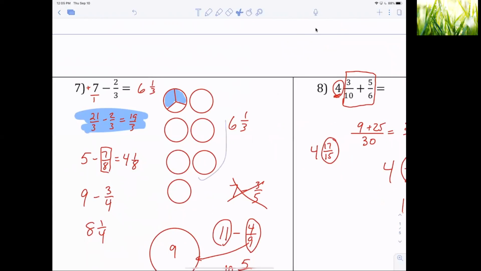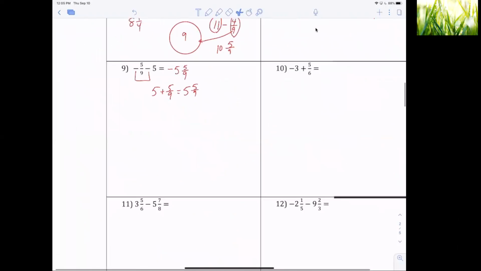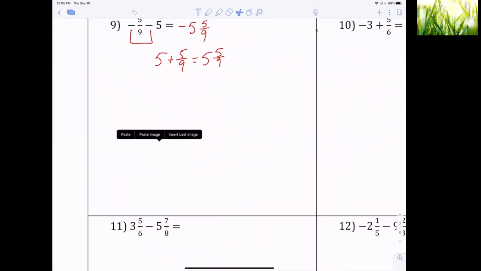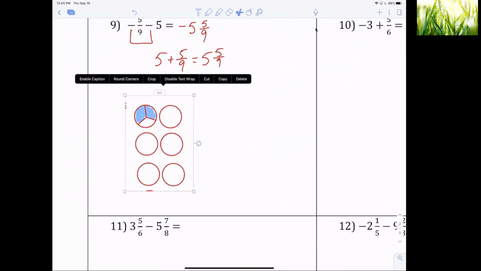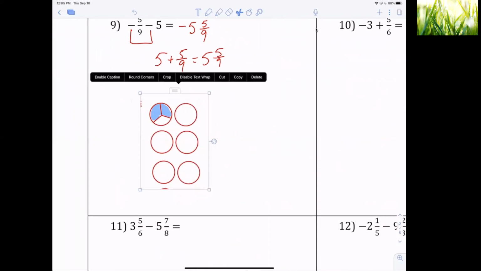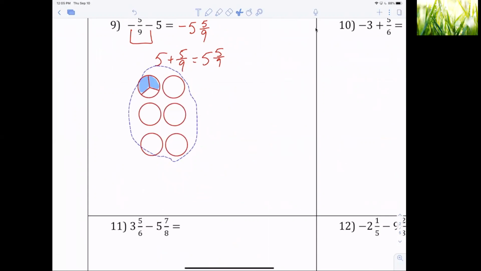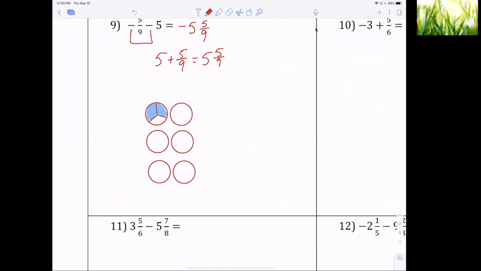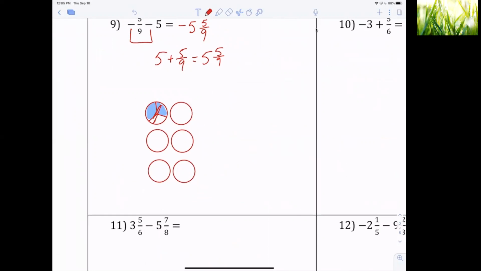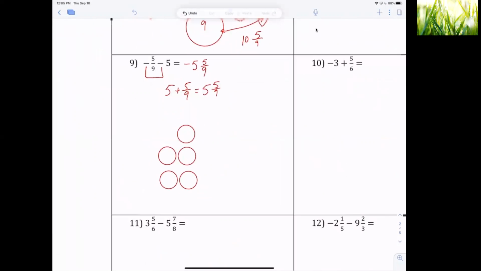I'm going to show you something. Copy this. Paste. So here's what I got. Now, you agree they're negatives, right? Because it's -5.